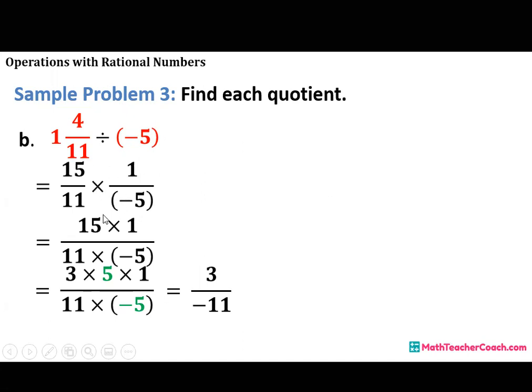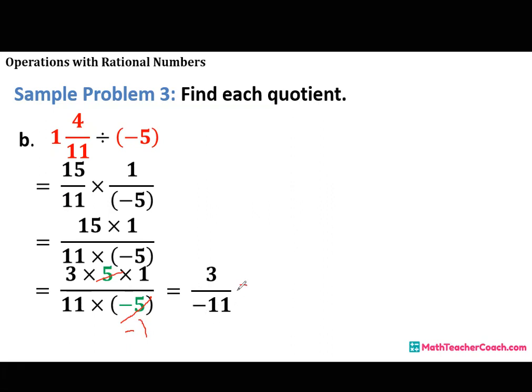Now, 15 times 1 and 11 times negative 5. We can expand 15 to be 3 times 5. And 11, I can't expand more, times negative 5. We can note here that I have 5 and negative 5, but don't forget that I have negative 1, and then we will multiply the numerator to be 3 times 1 equals 3. 11 times negative 1 will be equal to negative 11.